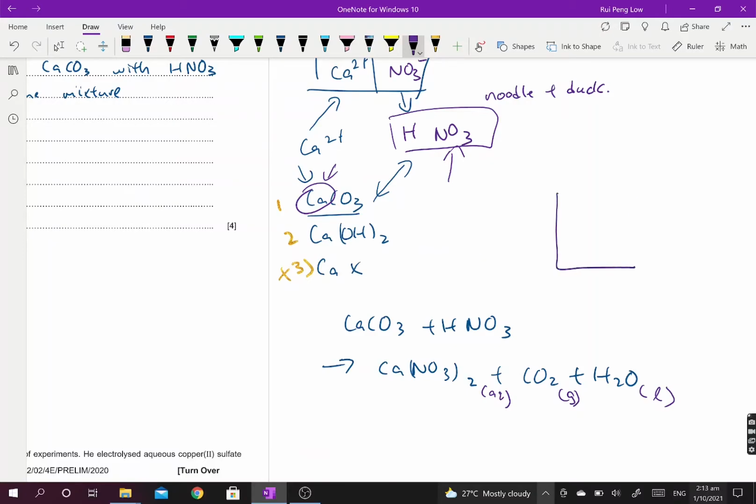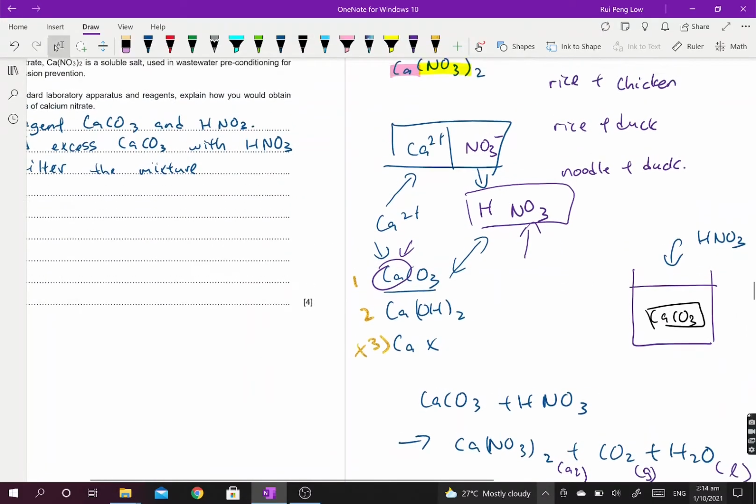So when you add the HNO3 into your calcium carbonate, since calcium carbonate is in excess, you will need to filter so that it ensures that every single HNO3 will be fully reacted.